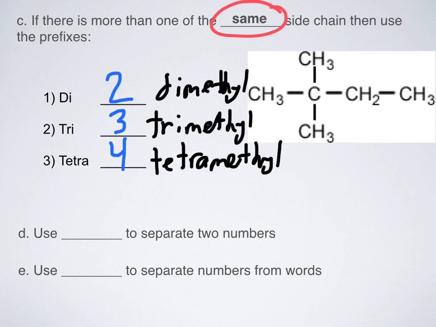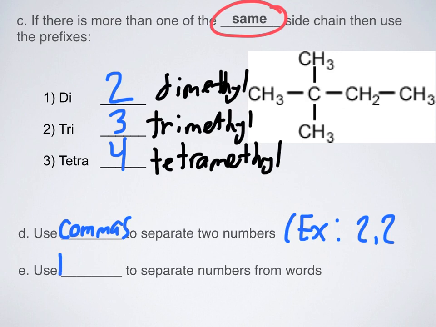Okay? You could have multiples of the same side chain or side group. Okay? Other rule here. We always use commas when we want to separate 2 numbers. So, for example, here's a good example. If there are, like 2, 2, that means there are 2 things at the second carbon.